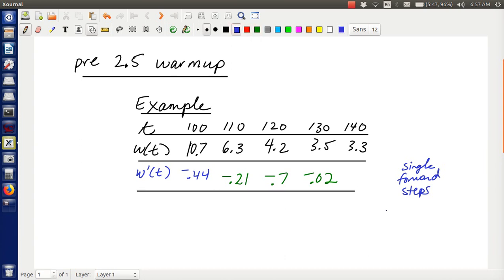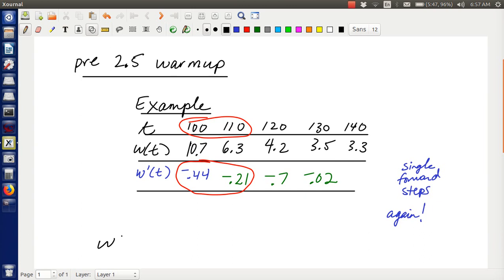So we're going to essentially repeat, but just to be careful, because sometimes students are a little confused by this, we're still going to use the original t's, but now we're going to use the new w primes that we calculated. So again, I'll do the first one and then let you pause and finish.